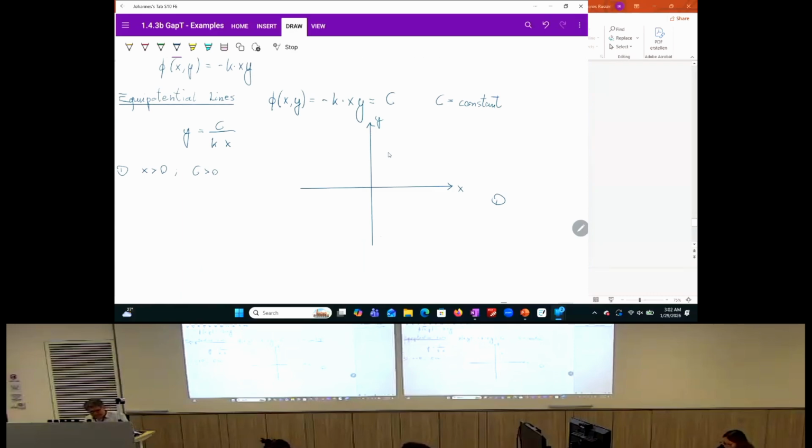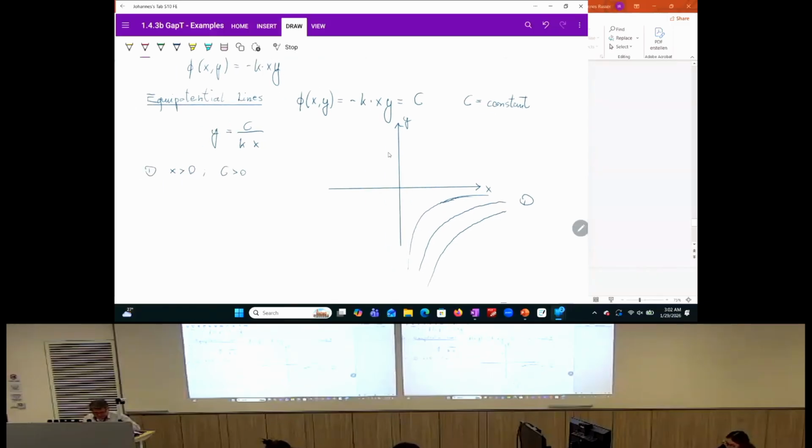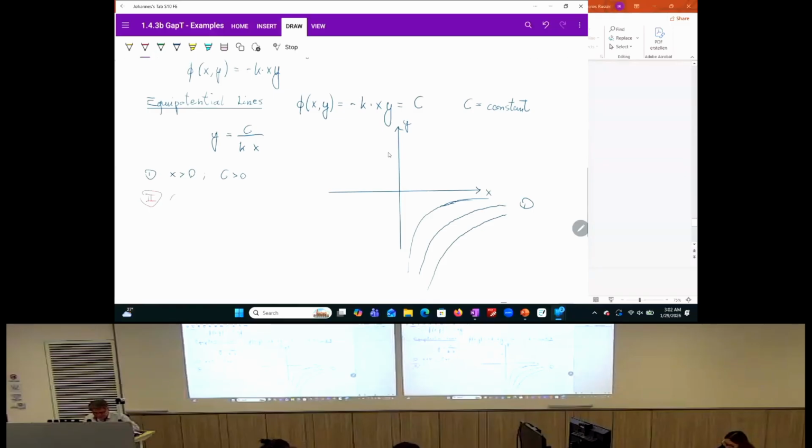Then we get lines here. They roughly run like that. And in the second scenario, we have also x larger than 0, and a constant c smaller than 0. Then you get equipotential lines in this quadrant here.